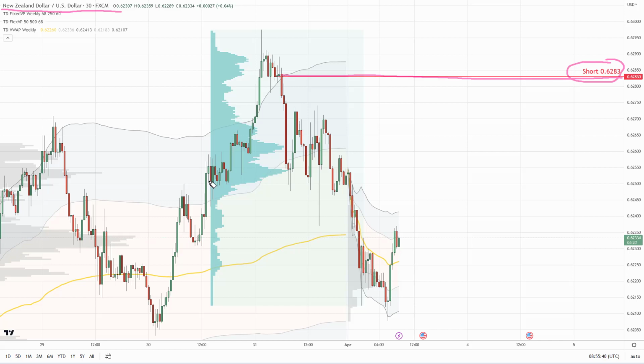Again, it is a volume profile setup, and first you want to look at price action. You want to see a strong rejection of higher prices like this. This is telling us that strong buyers were pushing the price upwards, then strong sellers started to jump in and push the price lower, so they rejected the higher prices. That's why this setup is called the rejection setup.